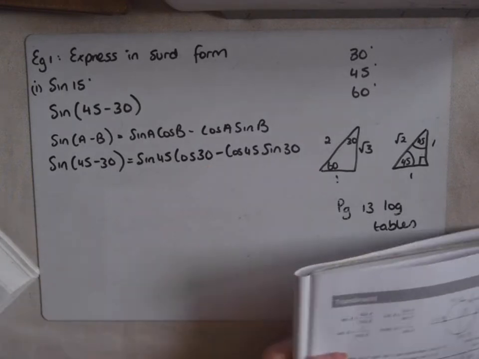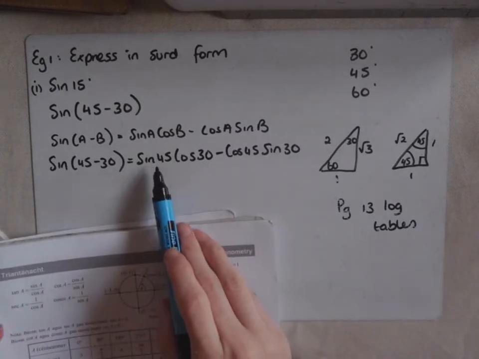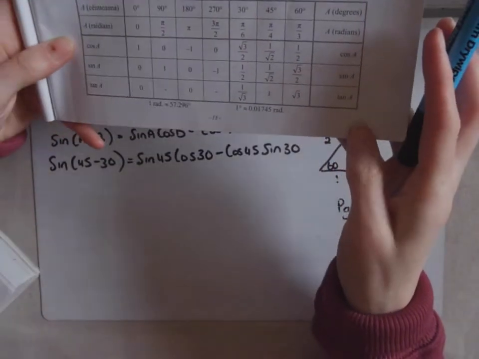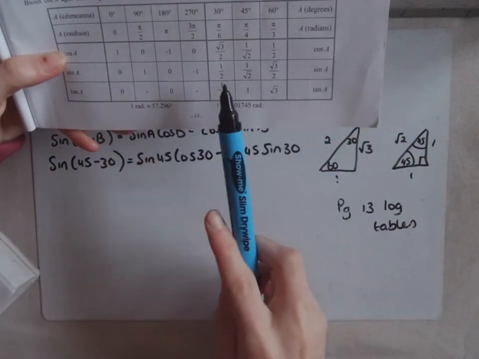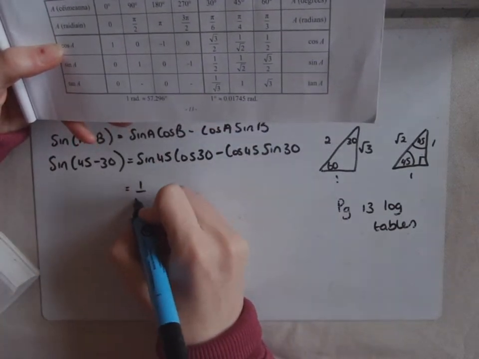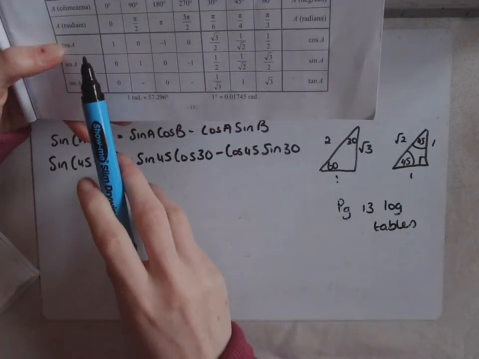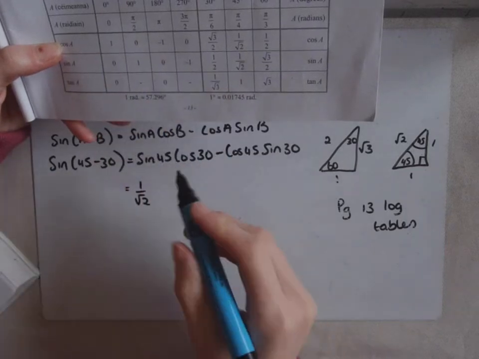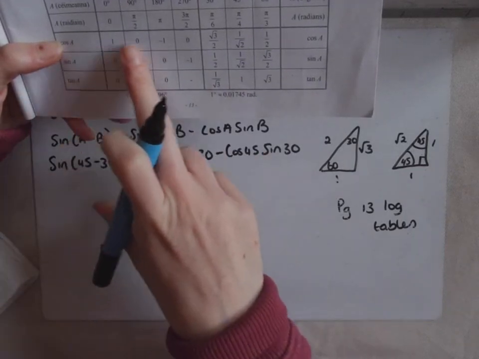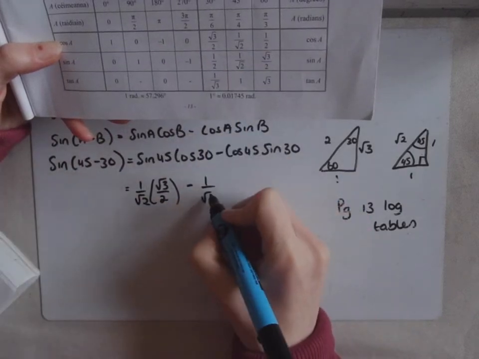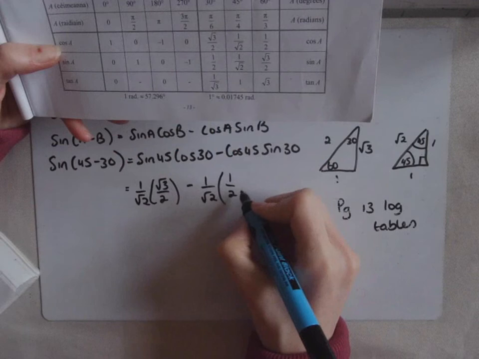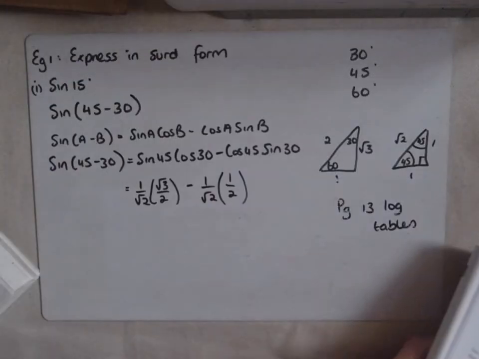And then all you do is go to your log tables and find out what's sine of 45. Sine of 45 is 1 over root 2. So you write that down, 1 over root 2 by cos of 30, which is root 3 over 2, minus cos of 45, 1 over root 2, by sine of 30, a half.